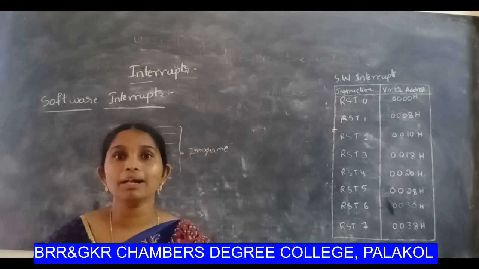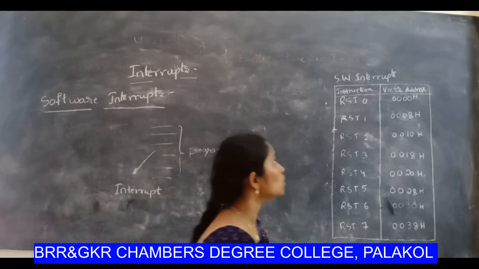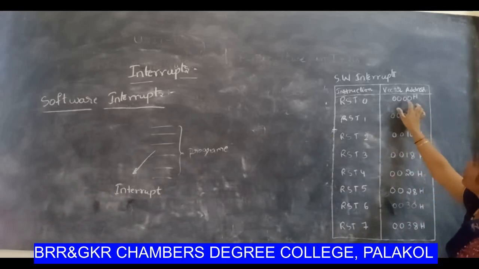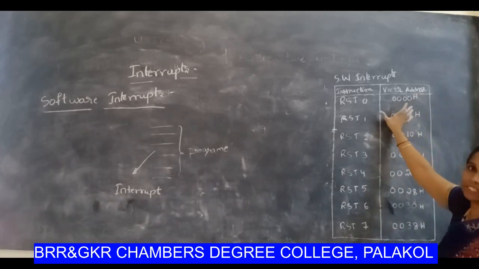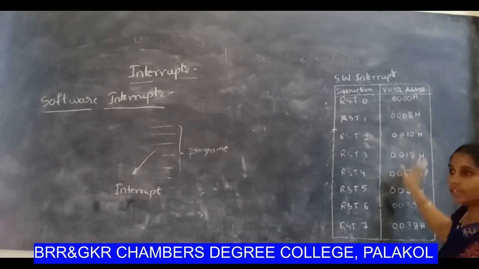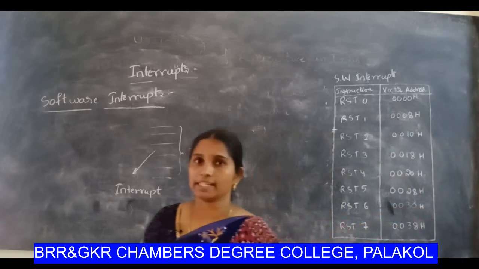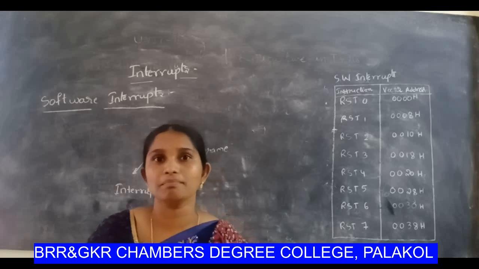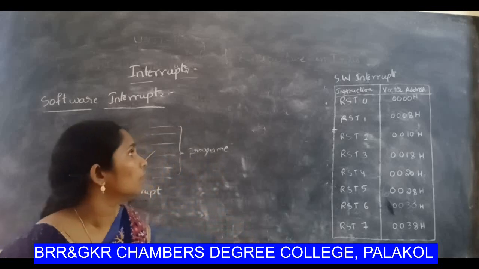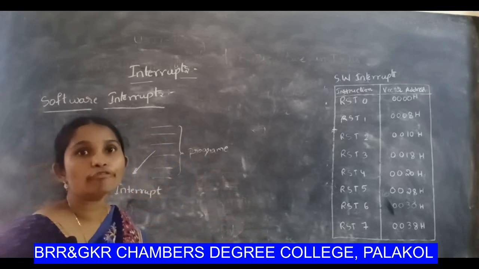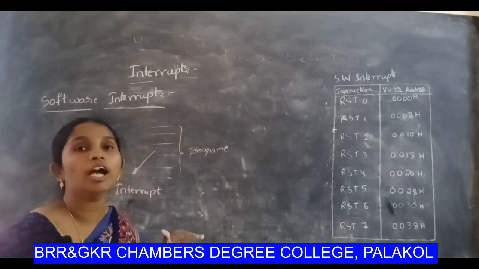Here 8 bits means 4 bits and another 4 bits, total 8 bits. I think you already know how to write hexadecimal numbers from digital electronics. Okay, so up to now these are the interrupt concepts of the 8085 microprocessor.